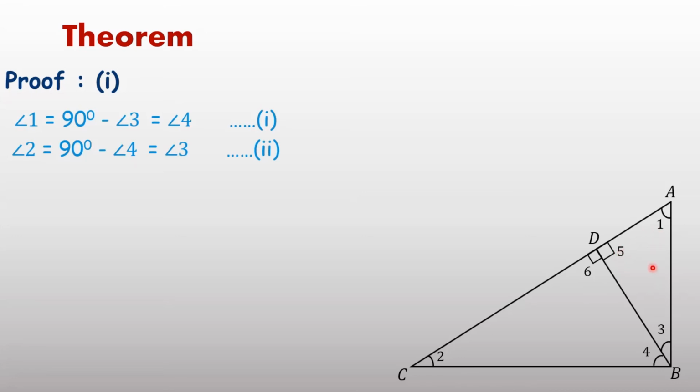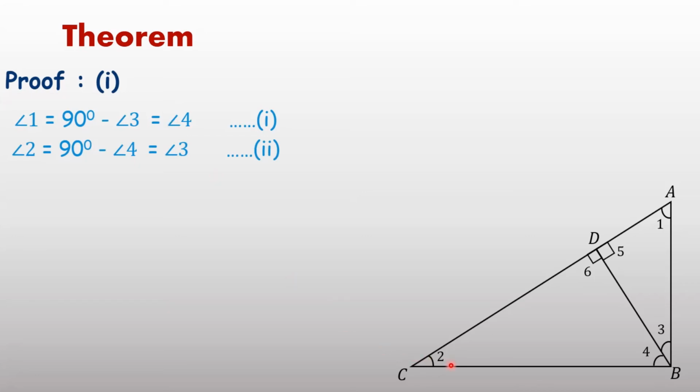Therefore, angle 1 we can write as 90 minus angle 3, because the sum of angles of a triangle is 180 degrees, and if one angle is 90 degrees, the sum of the remaining two angles is 90 degrees. Also, the whole angle ABC is 90 degrees, means angle 3 plus angle 4 is 90 degrees. It implies angle 4 is also 90 minus angle 3. That is equation first: angle 1 equals 90 minus angle 3, and angle 4 is also equal to 90 minus angle 3. It implies angle 1 equals angle 4.